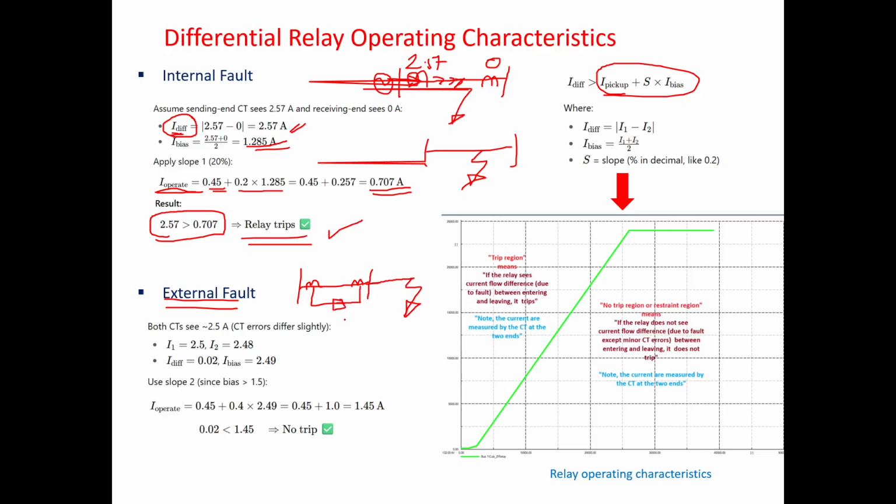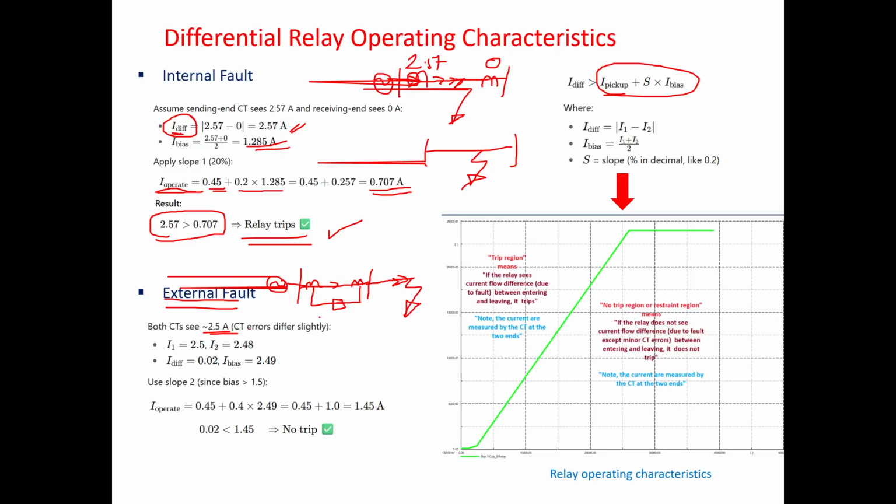Now this fault current is outside the box. So this CT will read the same current because we have the source only on that side. All the way the current will move. So the current read by this CT and by this CT will be the same, about 2.5.